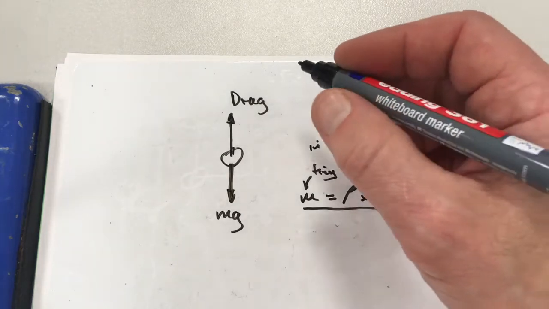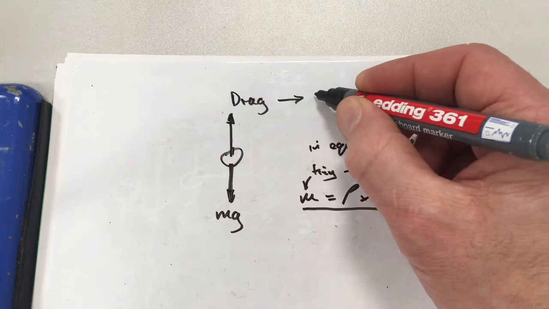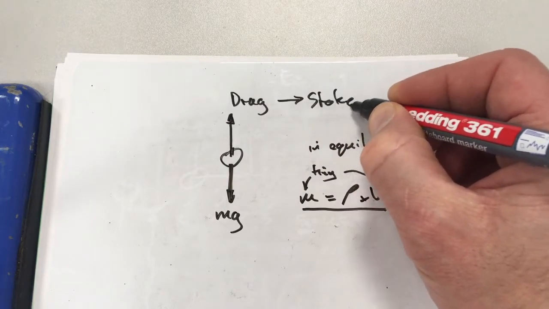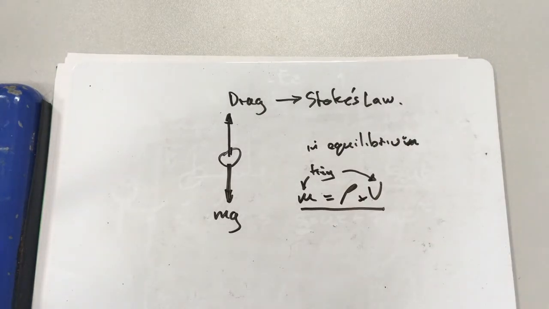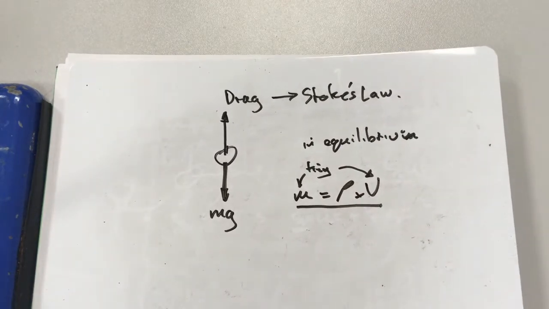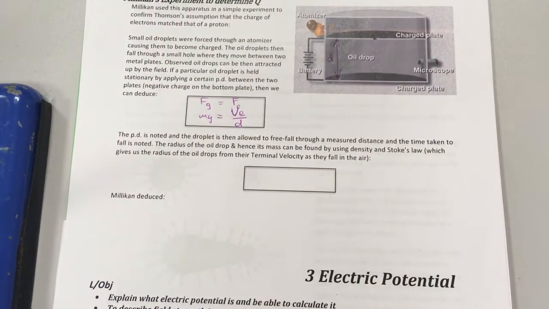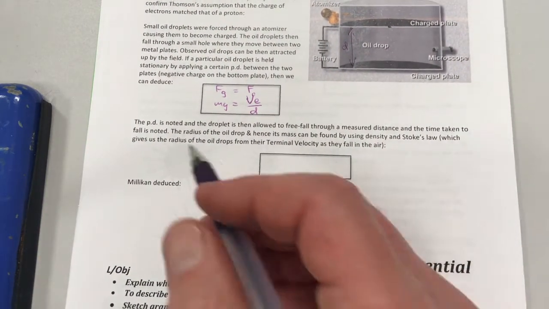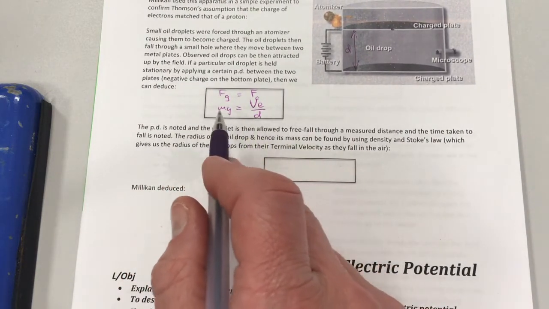Now drag itself comes from something called Stokes' law. You'll hear it mentioned quite a lot. It's not directly on the spec, but it does bring the ideas of it in. So let's say Millikan turned it on, made it work, great, but we don't know the mass.